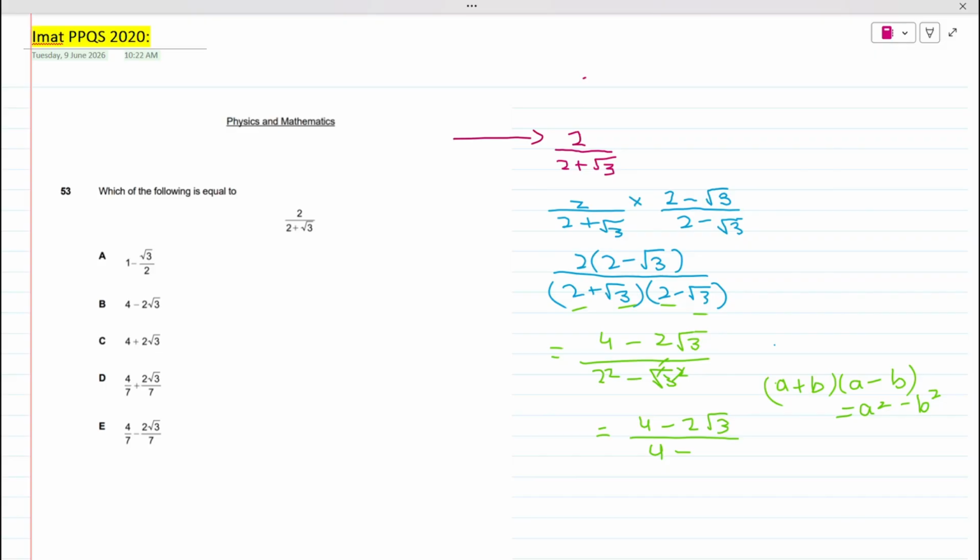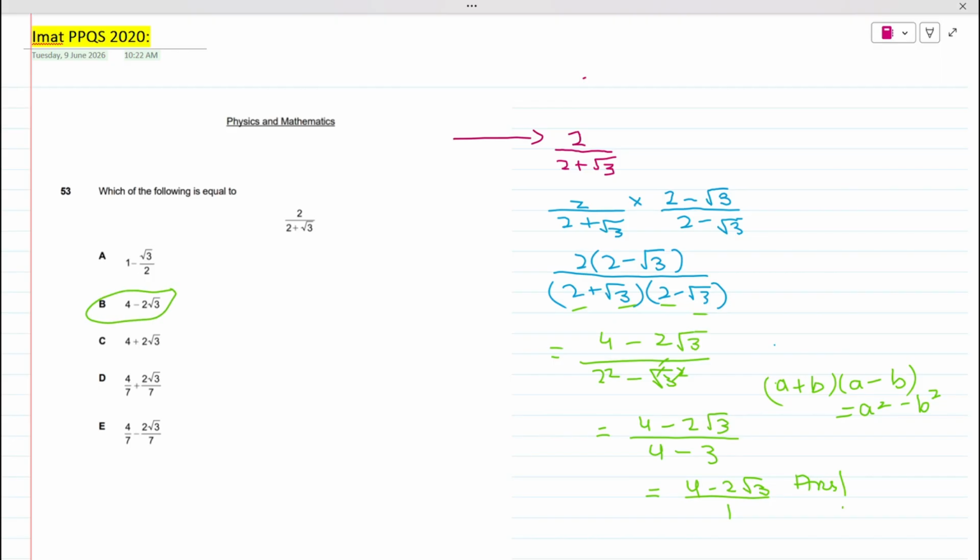Only 3. Simplifying it, we get 4 minus 2 radical 3 upon 1, which means 4 minus 2 radical 3 is our answer. We have 4 minus 2 radical 3 as option B, so option B is the correct answer.